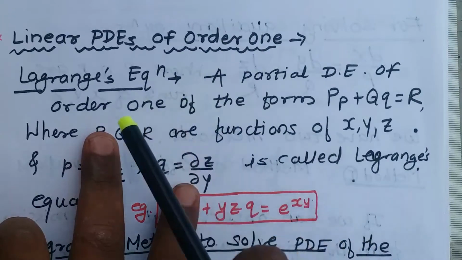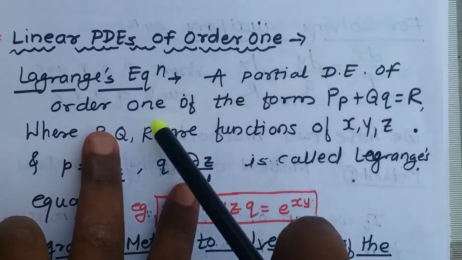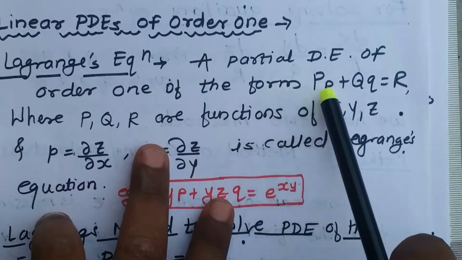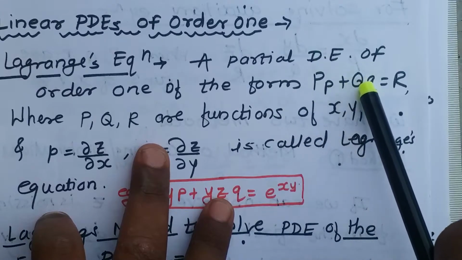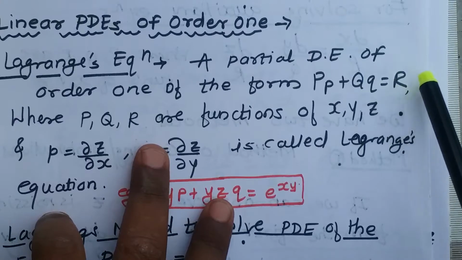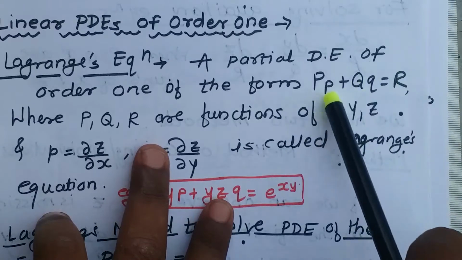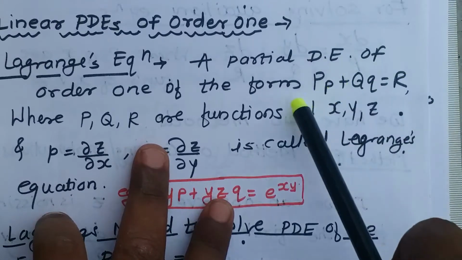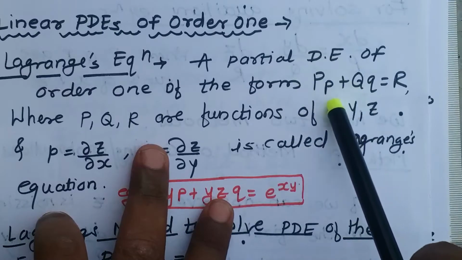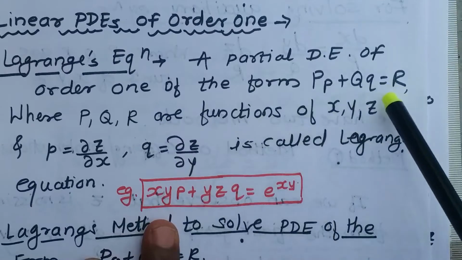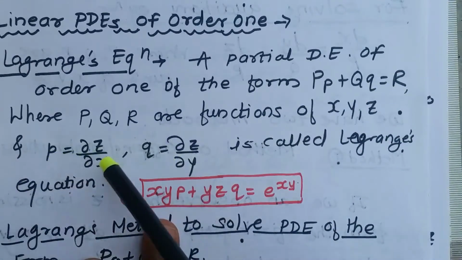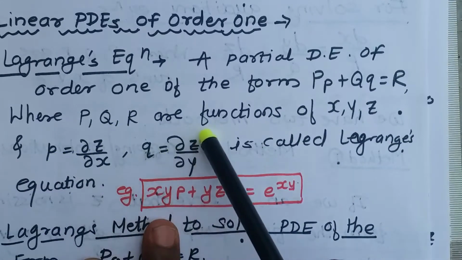It is a linear partial differential equation of order 1 of the form capital P small p plus capital Q small q equal to capital R. You can read it as Pp plus Qq equal to R, where capital P, Q, R are functions of x, y, z, and small p and q are the values del z by del x and del z by del y.